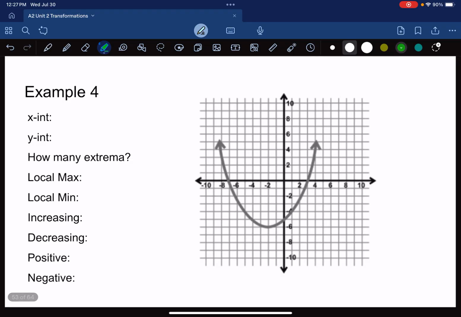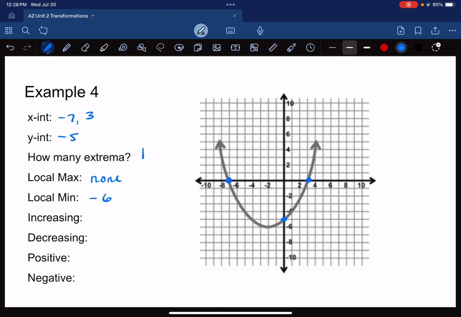Example 4. This one's got some numbers on it. That's kind of nice. Pause the video. Start it back up when you're finished. So I got that point there, and that point there, and that point there, right? There's only one extrema, and we would say there's no local max.